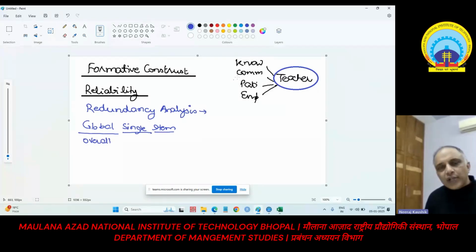So in the questionnaire, like you ask the knowledge, etc., then the last question will be overall, how will you rate the teacher ability of this and this? How will you rate that construct? So you will ask overall.